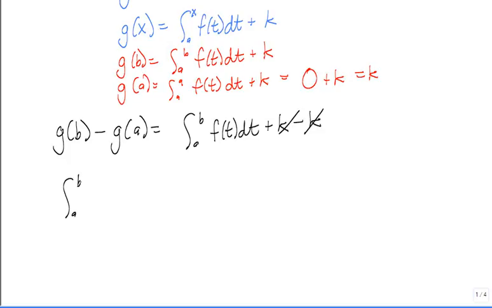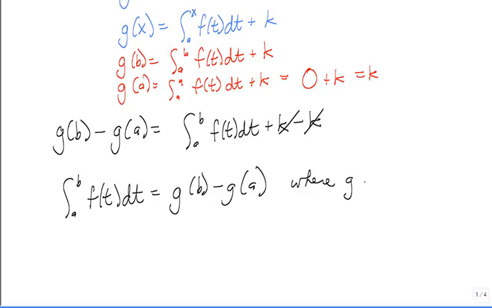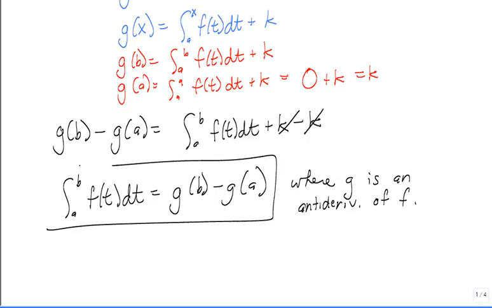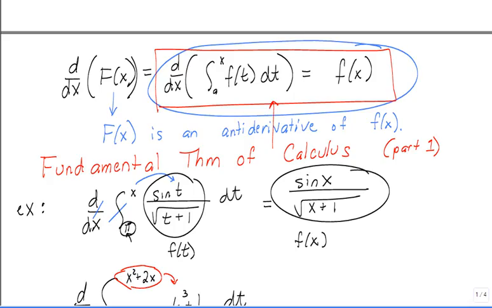So we get the integral from a to b of f of t dt is g of b minus g of a, where g is an antiderivative of that. So this gives us a way of evaluating definite integrals.